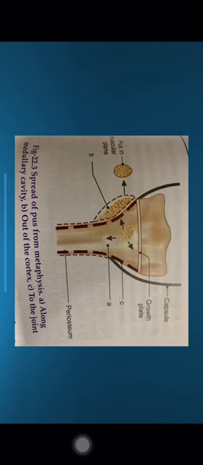Acute osteomyelitis most commonly affects children. It presents when a child comes to the OPD with symptoms like fever, bone pain and swelling at the metaphyseal region, and a history of slip and fall.